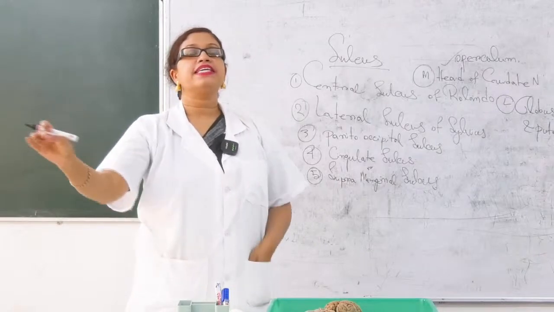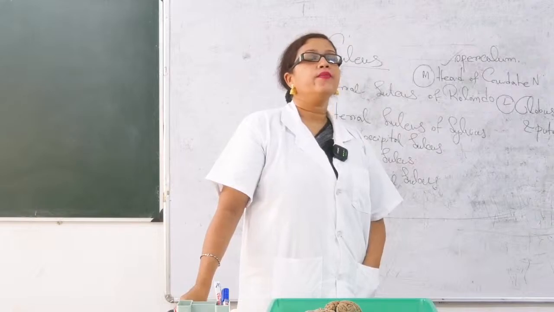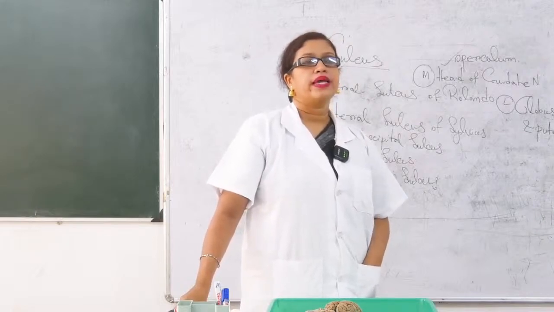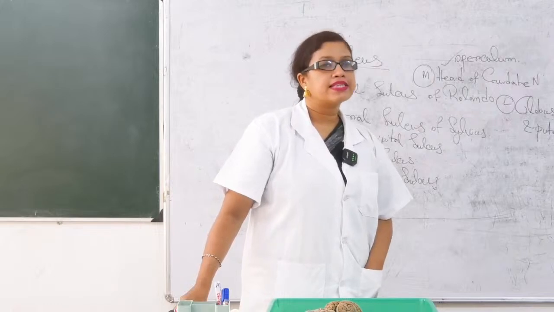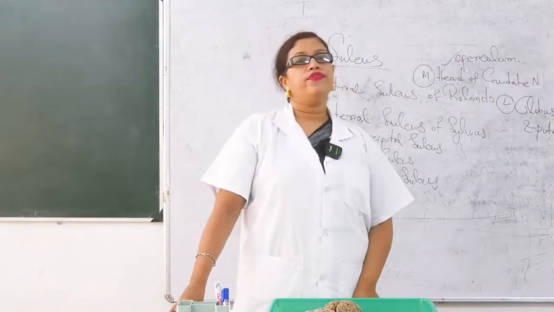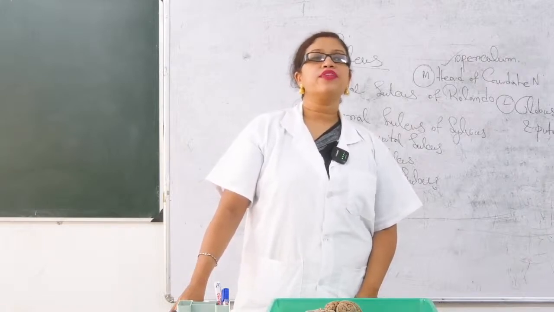Write it down. CSF is formed by the ependymal cell of third ventricle or roof of the third ventricle.